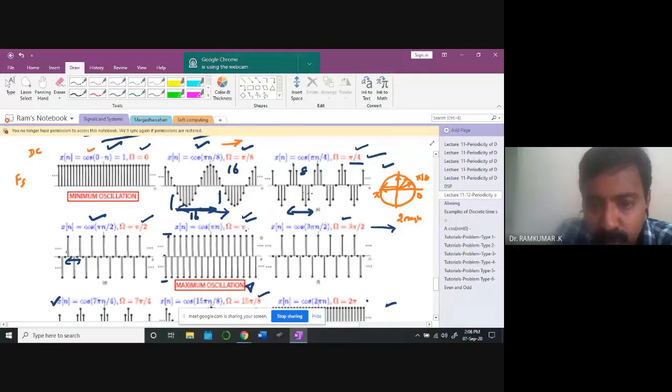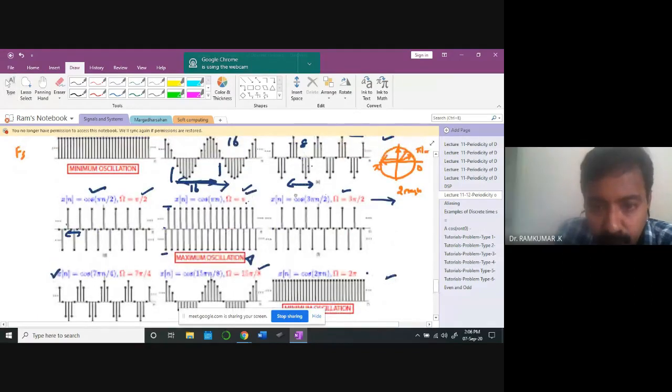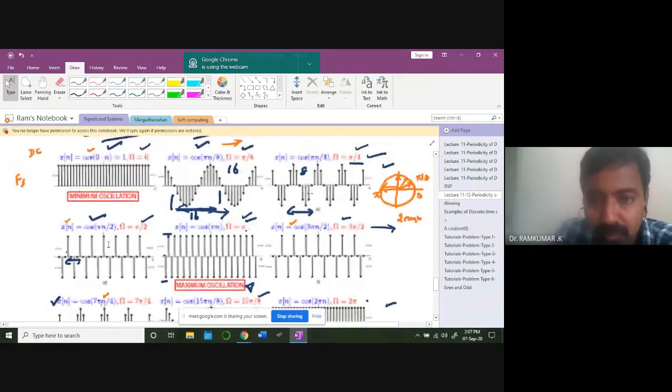Then again, when you are increasing the frequency, the signal becomes more like slowing down instead of increasing frequency. See here, the frequencies are higher here, but here it is decreasing. So the number of samples is not sufficient. That's why this signal is more like this one, and this one is more like this one. And the last one again you reach 2 pi after a full revolution.